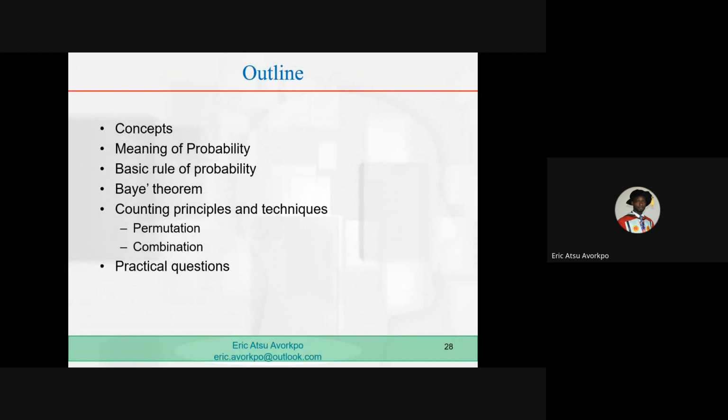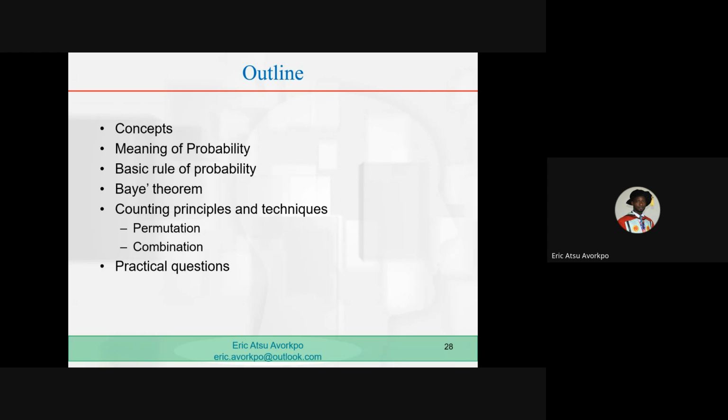We are talking about things that have a possibility, things that have the likelihood, things that have to do with chances, things that may happen or may not happen. So the moment you hear probability, it is likened to any of these terms that I have used, right? You go through the meaning of it.